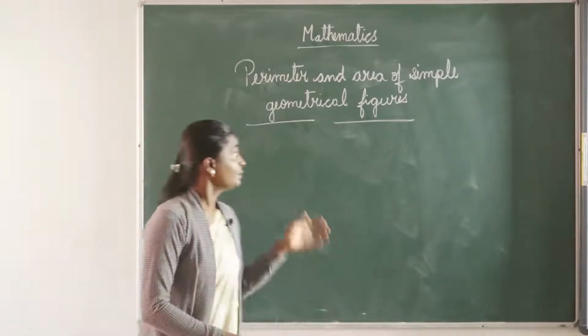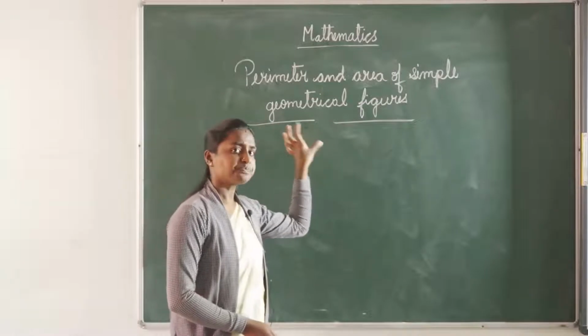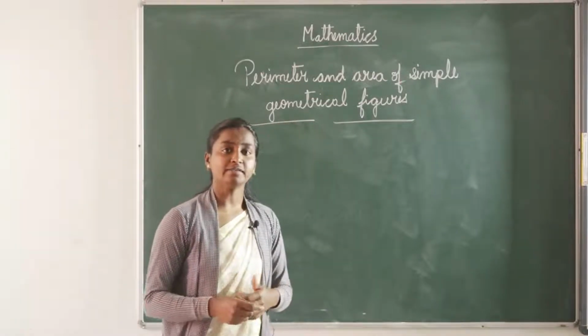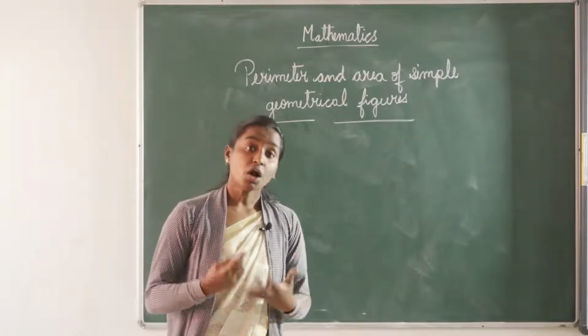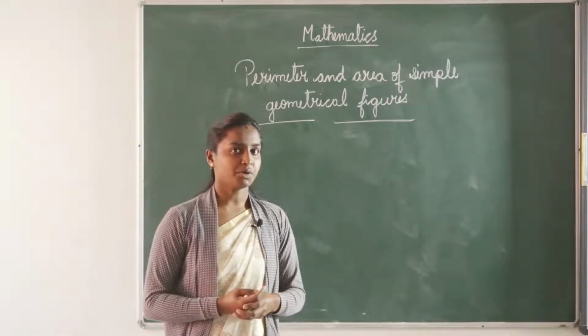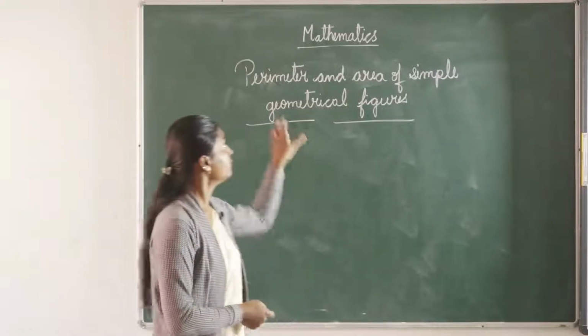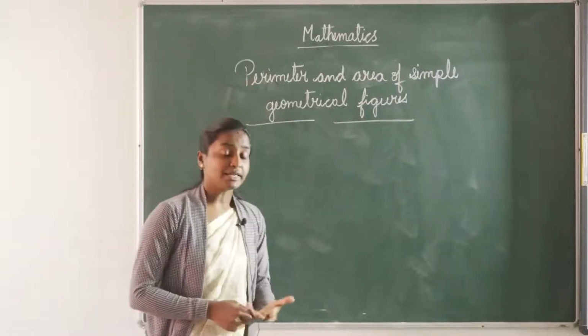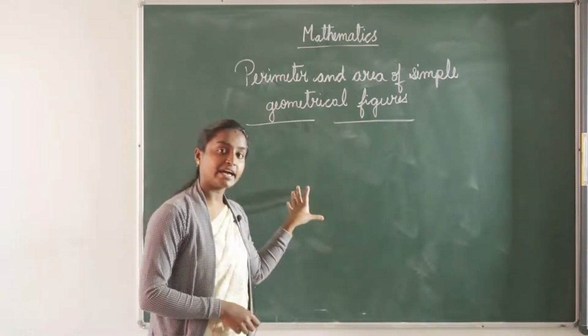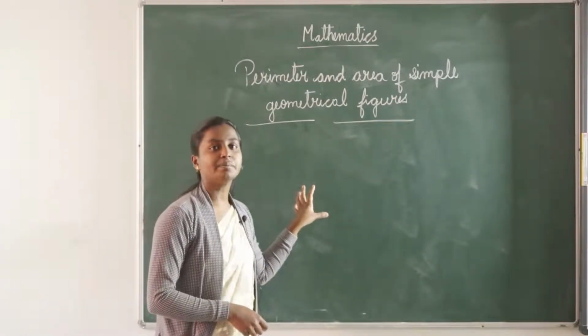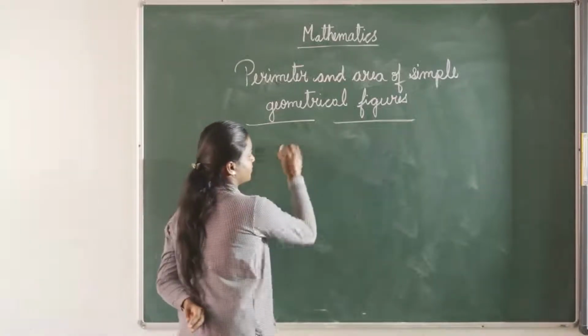Why am I telling you about geometrical figures? Here we have to find the measurement of that geometrical figure. How to find it? With the help of perimeter. So, what is the meaning of perimeter? The word perimeter is derived from the Greek word perimetron.